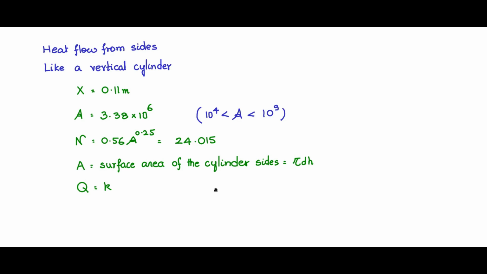So now we are ready to find the Q, the heat flow from the sides, given by K, A, Nusselt number by X into delta T.